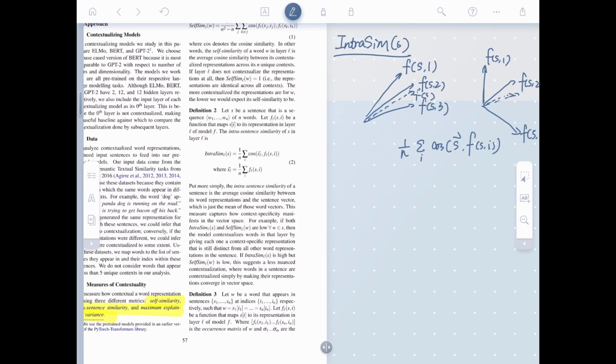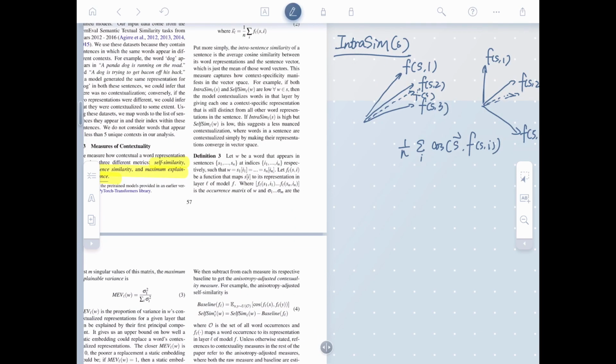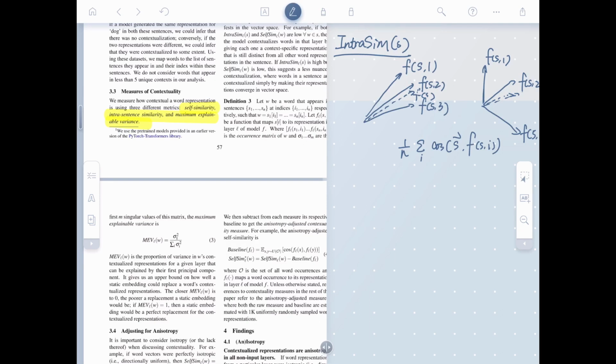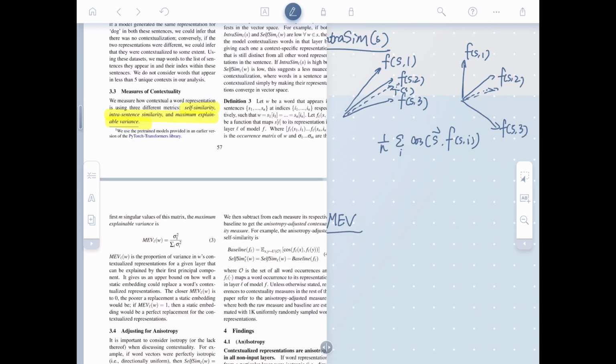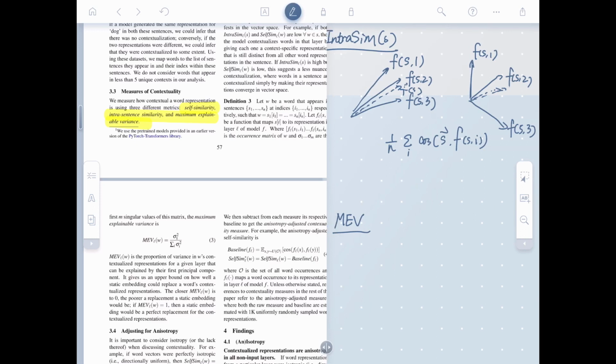The third measure is the maximum explainable variance. A word can be represented differently in different contexts.